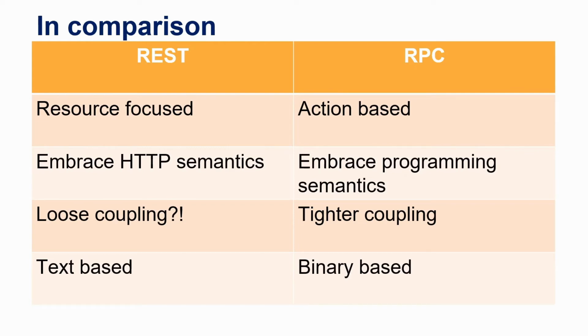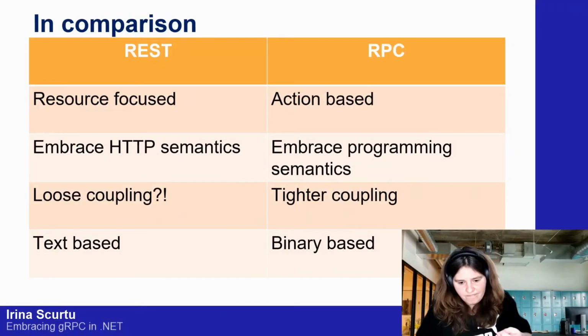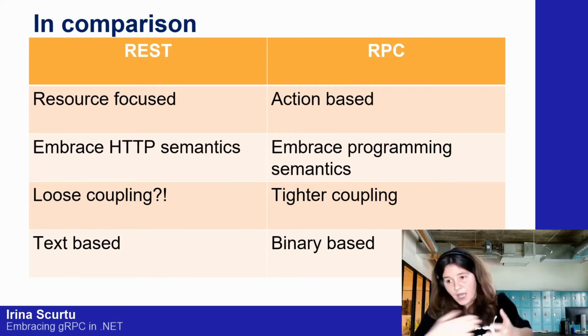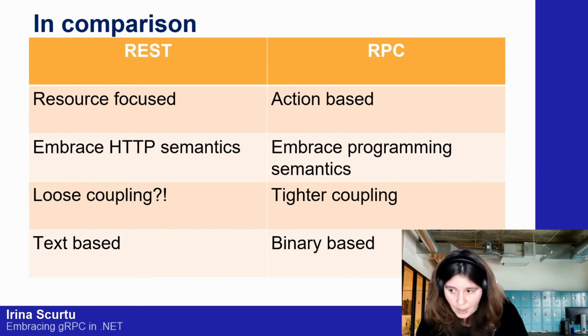But if we're talking about client to server communication, then you do not have loose coupling because you depend on both services being up, right? In RPC, you have a thing that is common and shared amongst all the services, and you have a tighter coupling. REST is text-based, and RPC is binary-based, right?